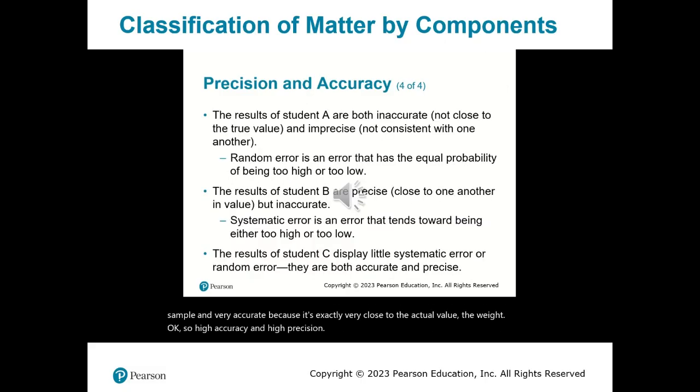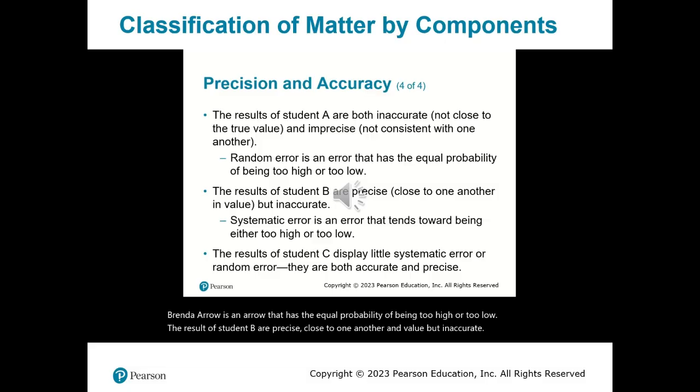The results of student A are both inaccurate, not close to the true value, and imprecise, not consistent with one another. Random error is an error that has an equal probability of being too high or too low. The results of student B are precise, close to one another in value, but inaccurate.